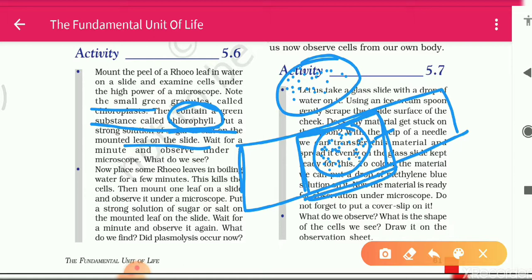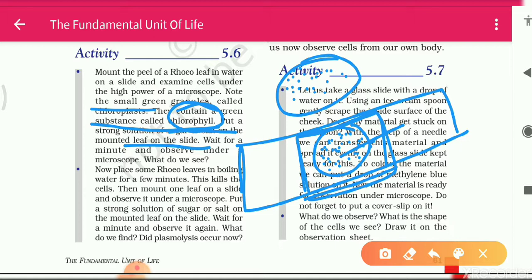Then you will see it under the microscope. Now what happened? What do we see here? When we see under the microscope, we see that the contents of the cells start to shrink. Why do the contents of the cells start to shrink? Because loss of water takes place here, or we can say that plasmolysis takes place here.